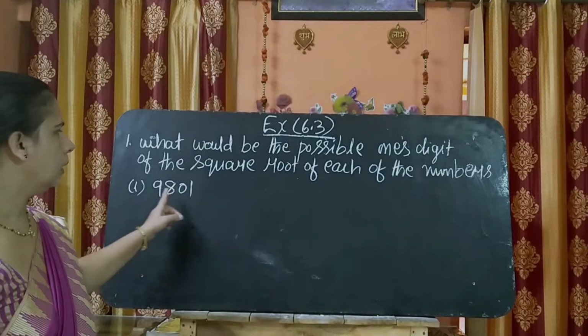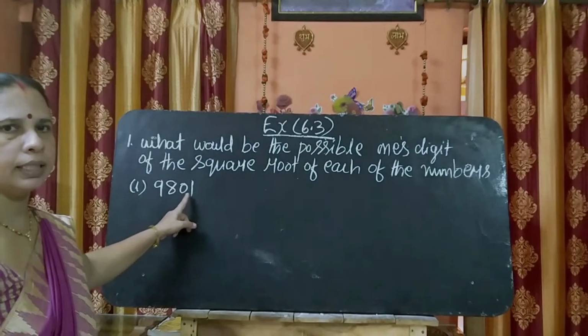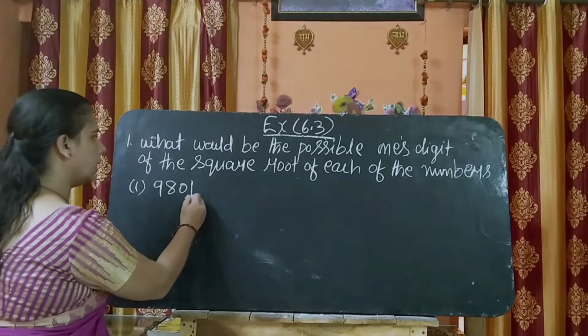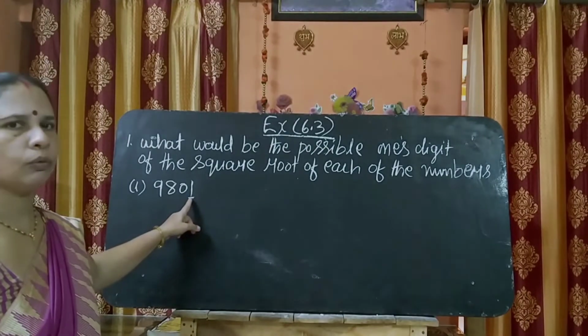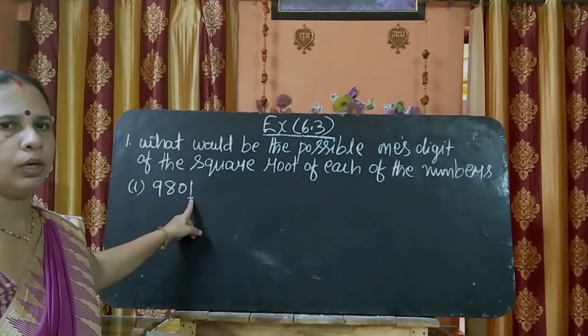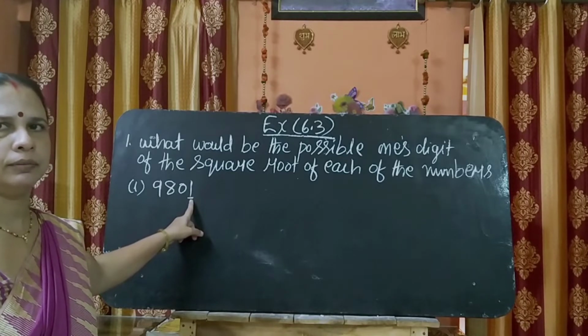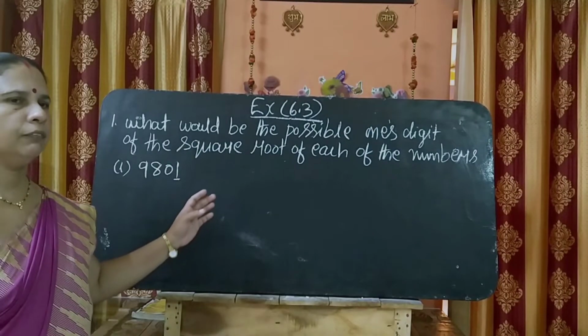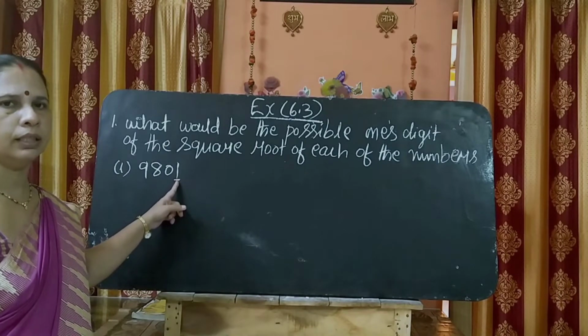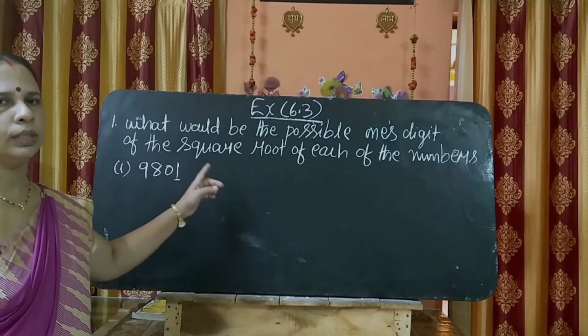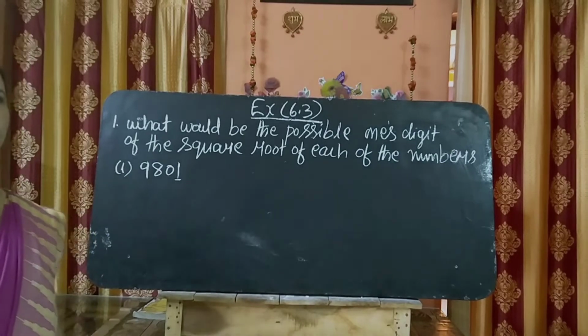Once more, the number is 9801. Here the ones digit is 1. So its square root's ones digit will be 1 or 9. If a square's unit place ends with 1, its square root's unit place will be 1 or 9.